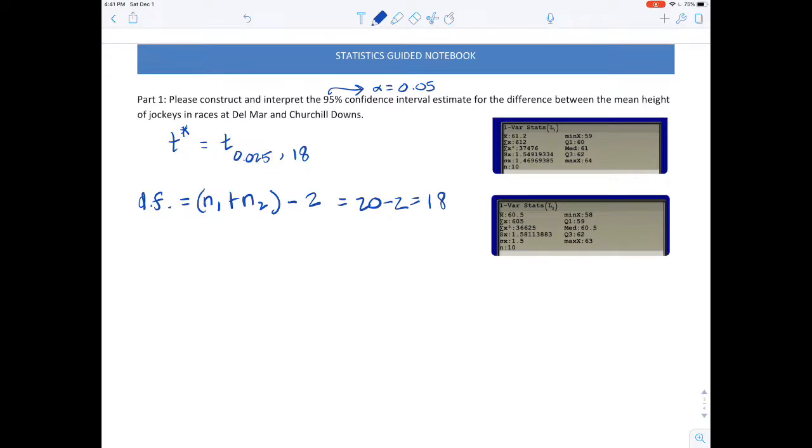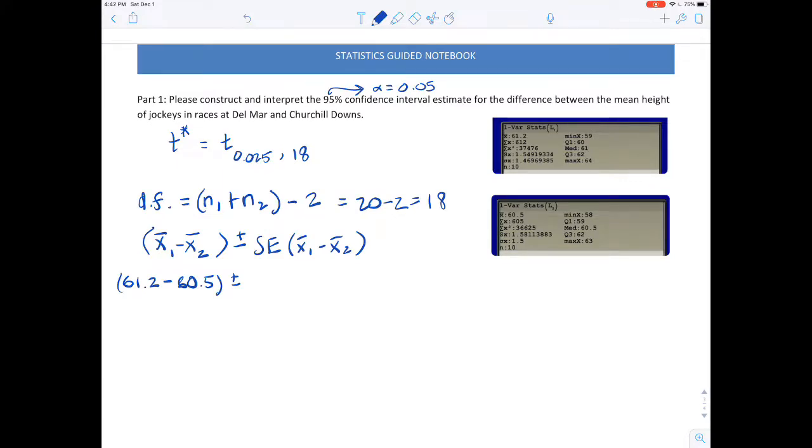Okay, so now let's do our thing. Remember that the confidence interval in general is x bar 1 minus x bar 2 plus or minus the standard error of x bar 1 minus x bar 2. Well, x bar 1 was 61.2, x bar 2 is 60.5, and then plus or minus our t star.